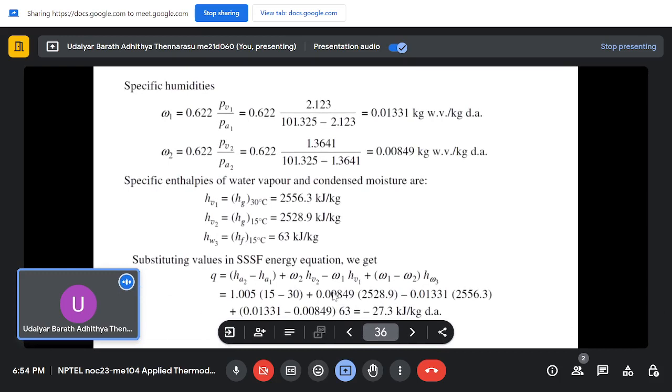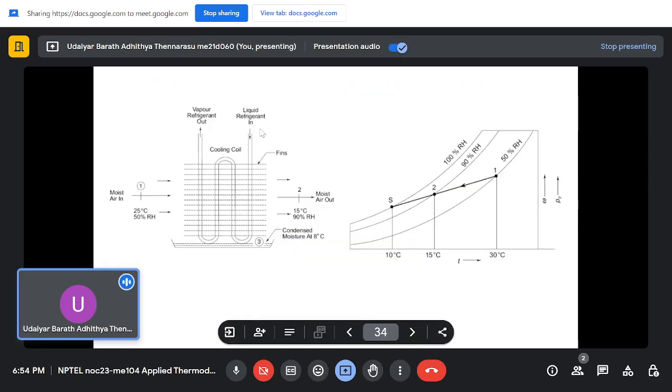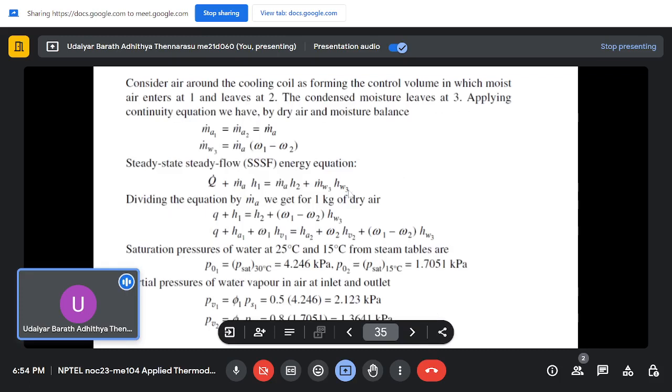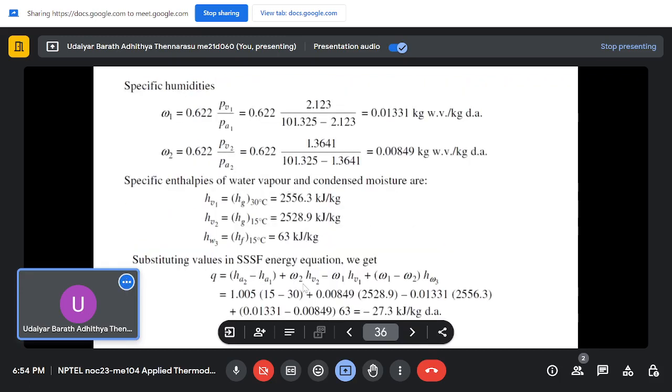And the mass of water vapor removed, the moisture removed per kg, we know omega 1 and omega 2, it will be 0.01331 minus 0.00849 into mass of dry air, so per kg.